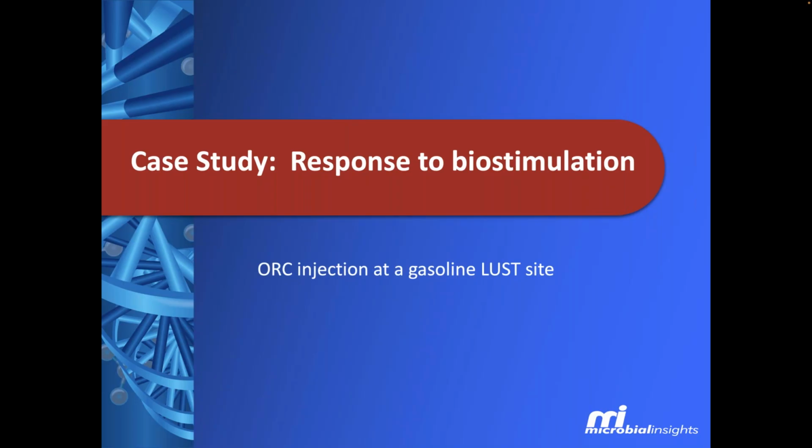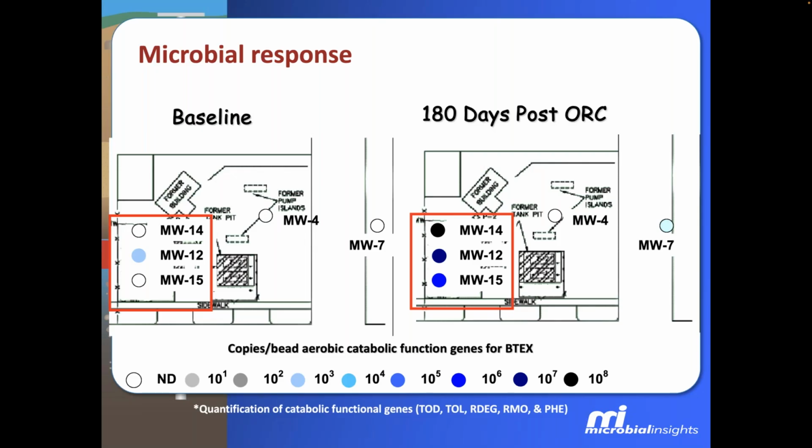We're going to use biotraps to monitor the in situ effectiveness of that stimulation in producing the transformations that we desire, as well as determining in what part of the site the stimulation is occurring. I'll illustrate that with one quick example. This is an ORC injection at a gasoline leaking underground storage tank.